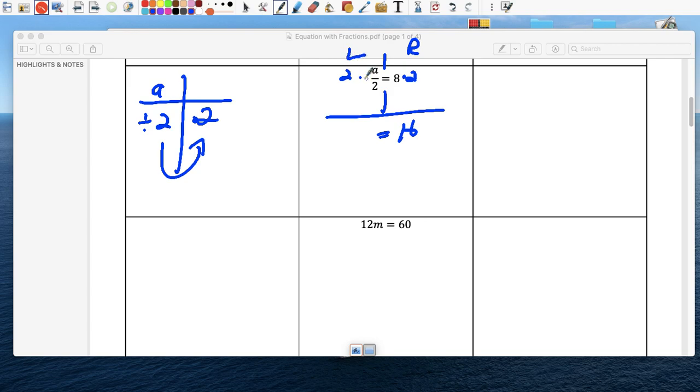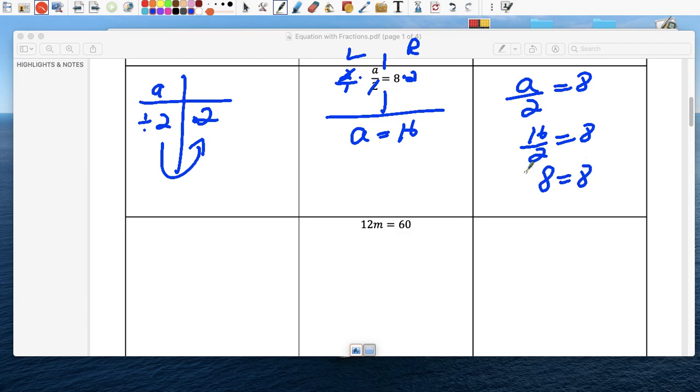Now here, this is 2 over 1. So if we multiply this, we can simplify before multiplying. And 2 divided by 2 is just 1. And 1 times a is just a. So let's check. Replace the a with 16. And 16 divided by 2 is indeed 8, which equals the 8 on the right side.